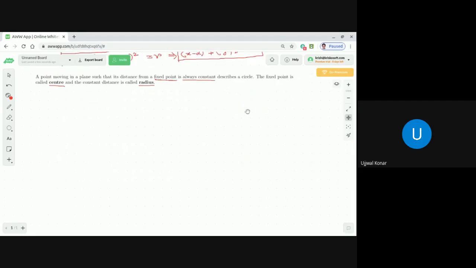So let me first give the note. Circle with center at the point h comma k and radius a units. How will the circle look? The circle will look something like this.